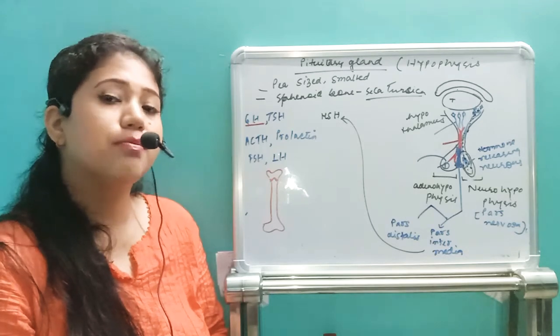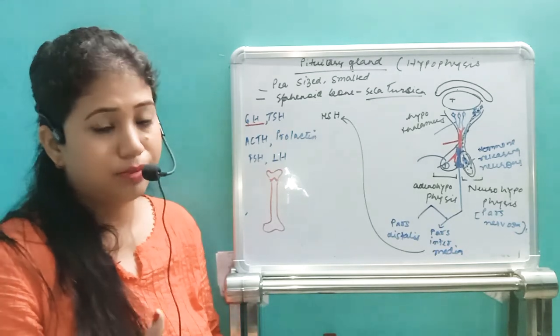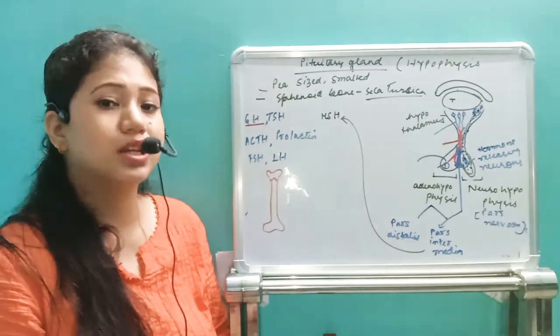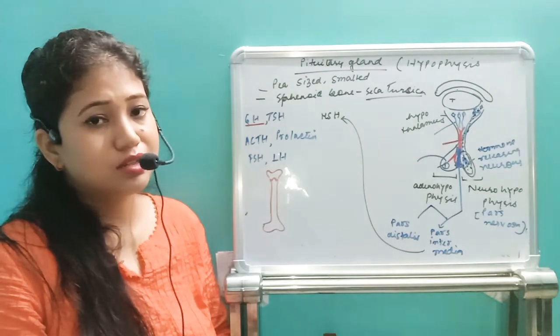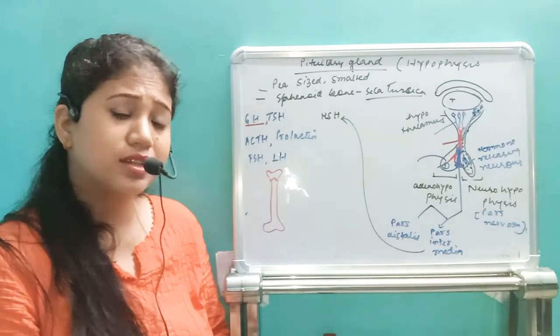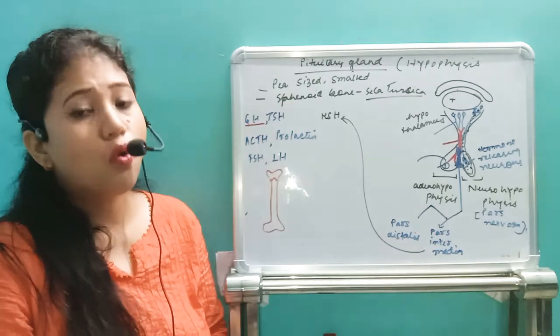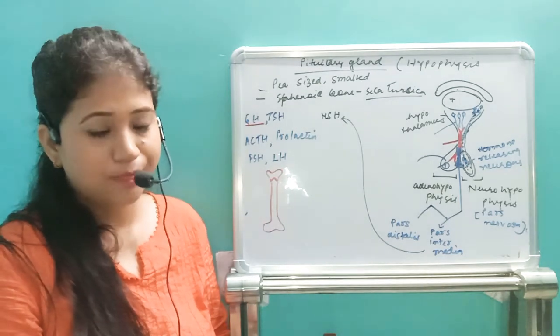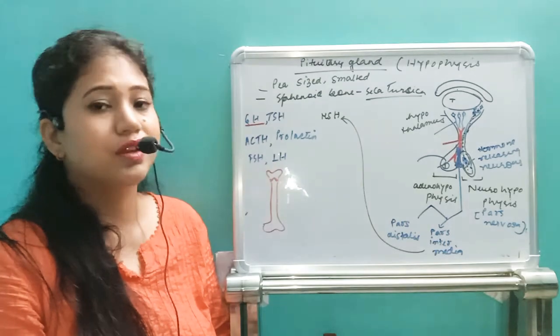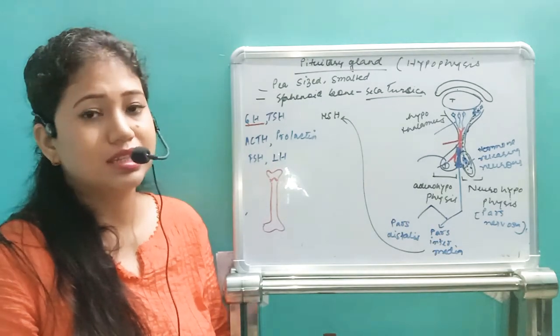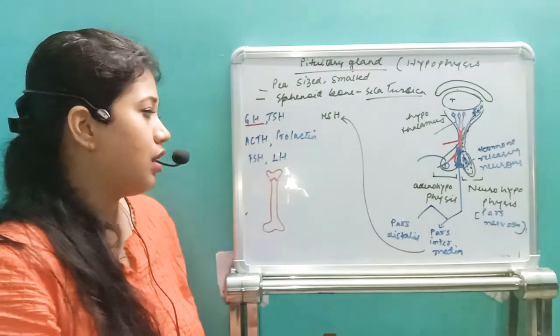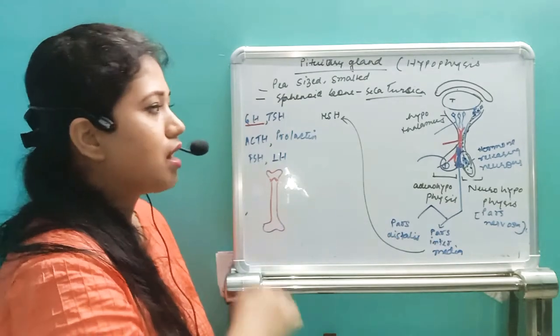So if it comes to the male, FSH and LH go to the testis and stimulate the testis to produce spermatozoa. And if it is female, then FSH and LH will stimulate the ovum to be produced and mature. So this FSH and LH will be discussed in detail in second year. You will get it. And then we will see the pars intermedia.